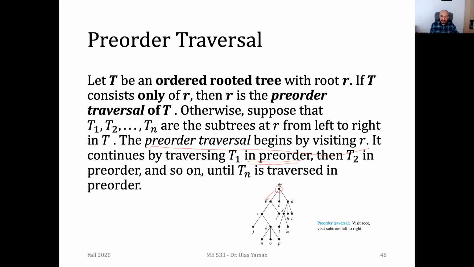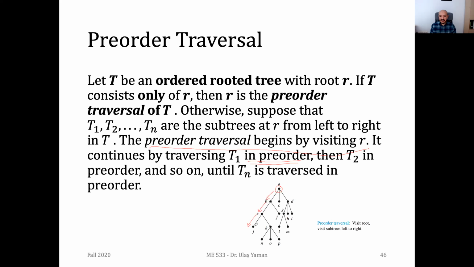I visited the root R. Now I'm visiting T1, which is B. Since B has T1 and T2, I continue visiting T1 of B. Since E has T1, I continue with J. But now I don't have any more children, which means T1 of J is not available.